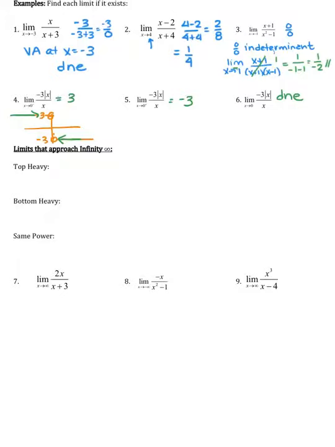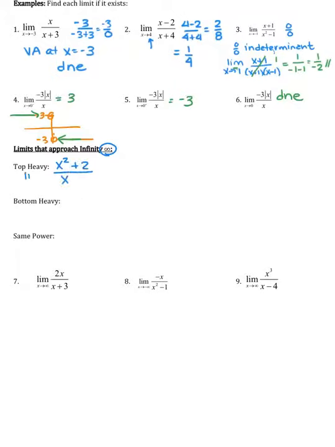Okay, now the last bit, we actually have already talked about this way back in chapter 4 when we talked about horizontal asymptotes. When you are finding a horizontal asymptote, you're looking at what is the graph doing when it goes off to infinity. So we have this concept of top heavy. That means that the power of your x on top is bigger than the power of the x on the bottom.